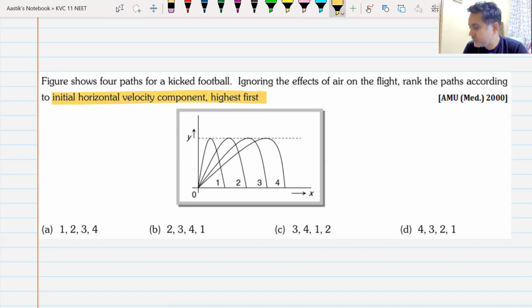Option D, sir. Option D, that is the correct answer. But why? Because the same question may not come. They might give you the same diagram, but they might ask you something else. Why? Range is directly proportional to the horizontal component of velocity.